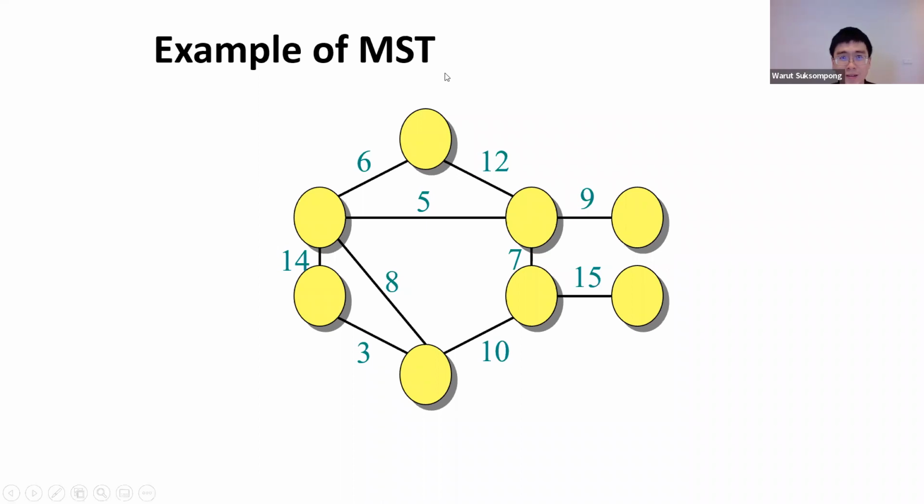So for example, you take this graph. What's a minimum spanning tree? Can someone output, maybe, the edge weights of a minimum spanning tree?